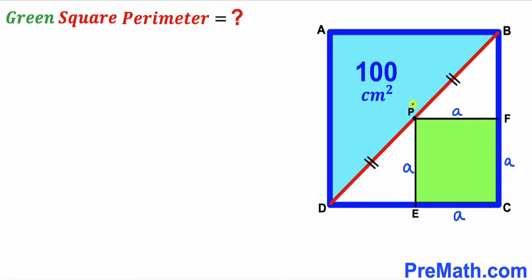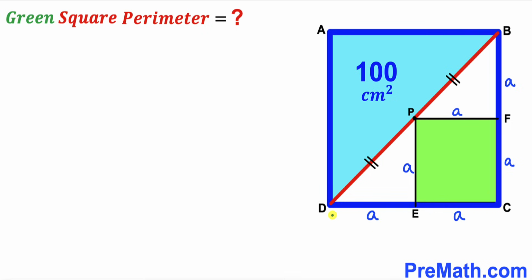And since this point P is the center of this blue square, this segment BF length has got to be equal to this CF length. If this is lowercase a, then this BF segment length is going to be lowercase a as well. And likewise, this segment DE length is going to be lowercase a as well. That is going to be equal to this side.